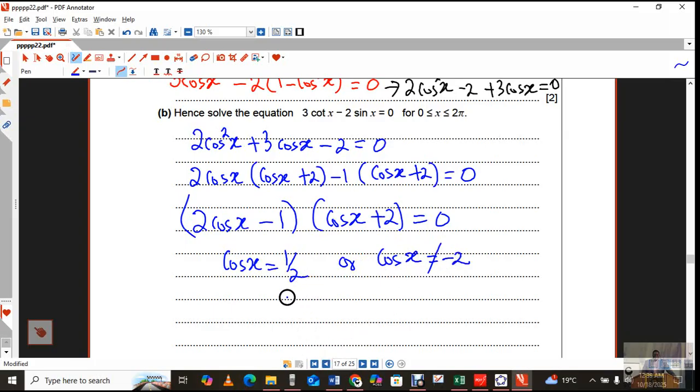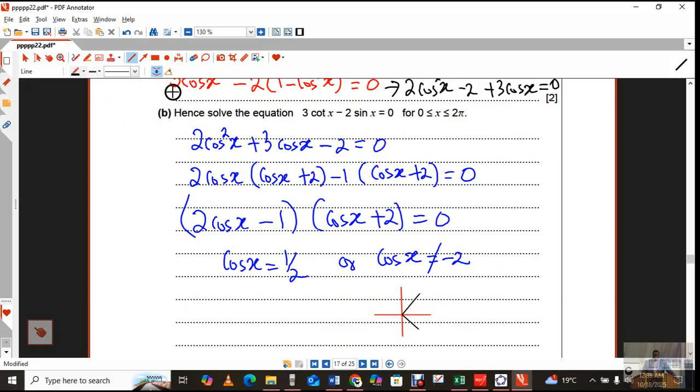In which quadrant is cosine positive? Because it's from 0 to pi, cosine is positive in the first quadrant and in the fourth quadrant.